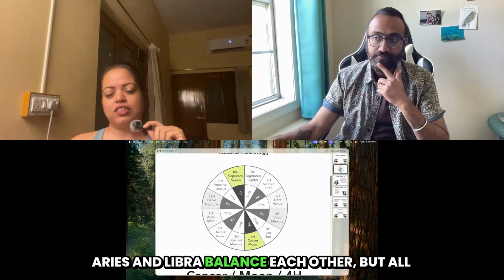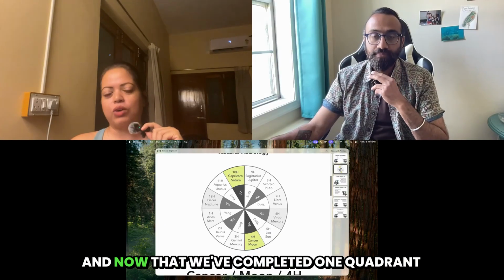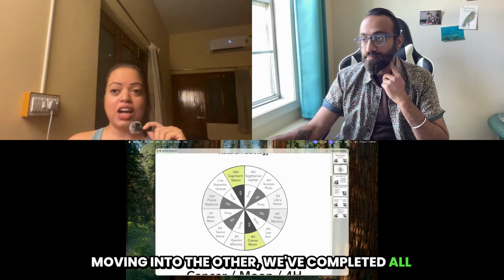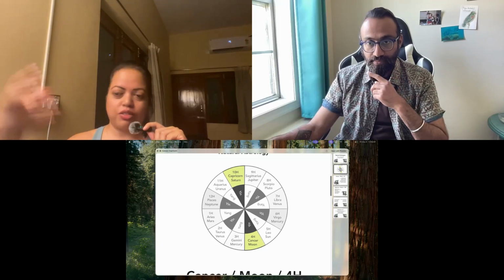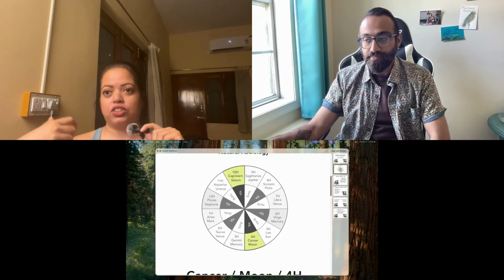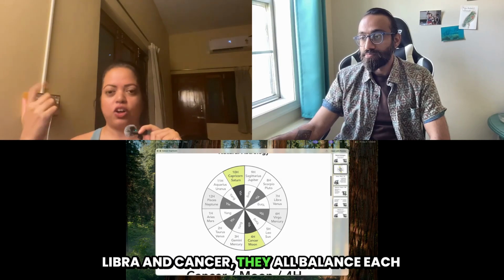Aries and Libra balance each other, but all four together also balance each other. Now that we've completed all the cardinal signs, Aries and Cancer balance each other, or Aries and Capricorn, sorry. Libra and Capricorn, Libra and Cancer, they all balance each other.